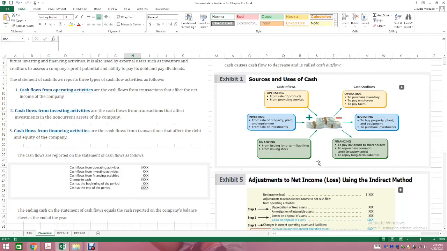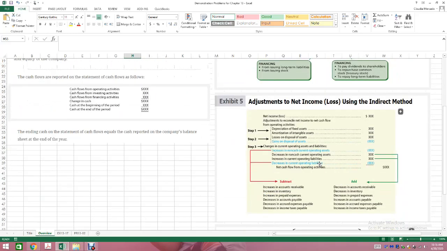Now, like I stated before, to me, the more complicated aspect of preparing the statement of cash flows is the operating section. There are a lot of adjustments that need to be done in the operating section. So this is what the operating section using the indirect method, which is what I'm aiming to cover in your test, is going to involve.